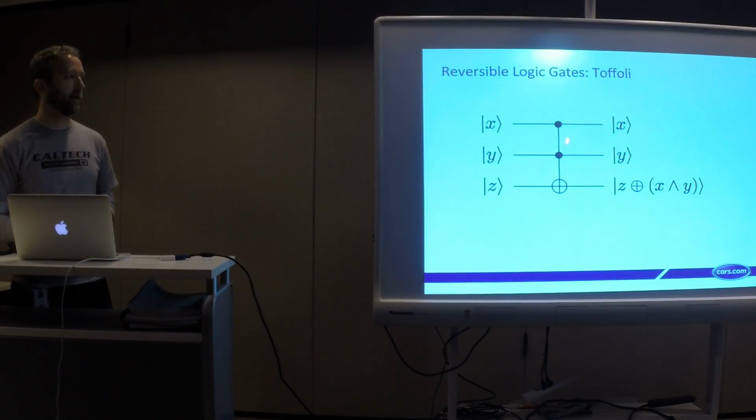This diagram indicates that this is a controlled bit. So the value of this and the value of this bit control what happens here, and this is a controlled NOT. So if both of these are 1s, this bit will be flipped. Otherwise, it will not be flipped.